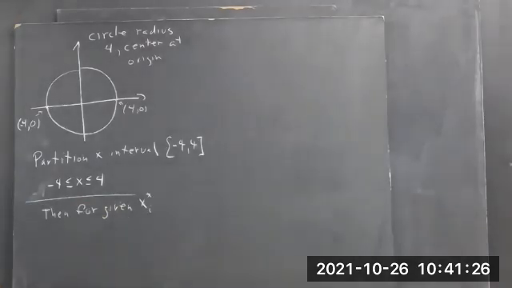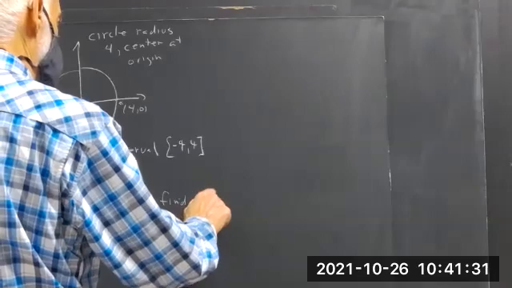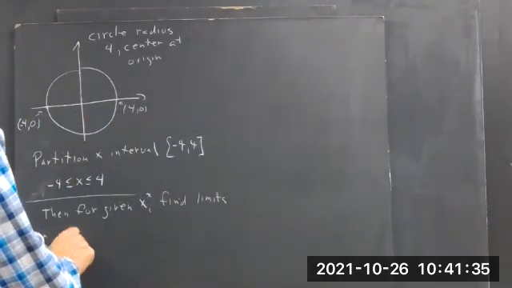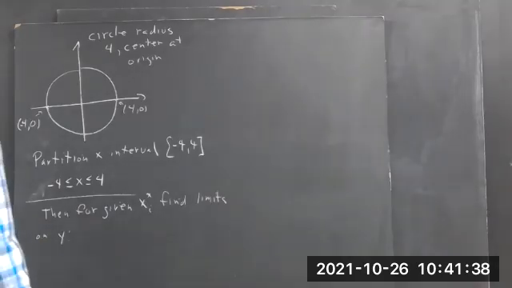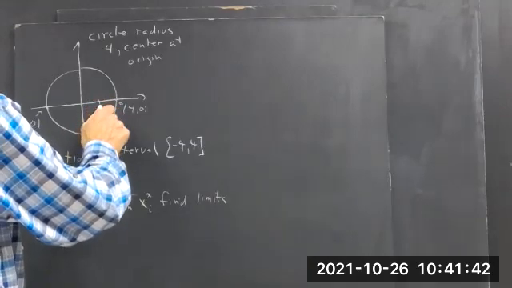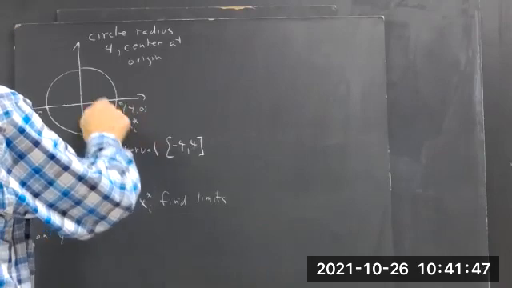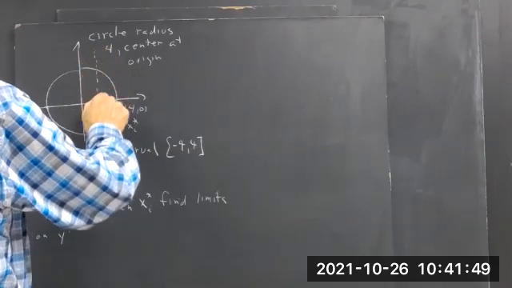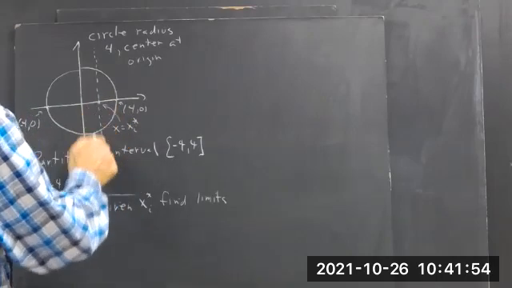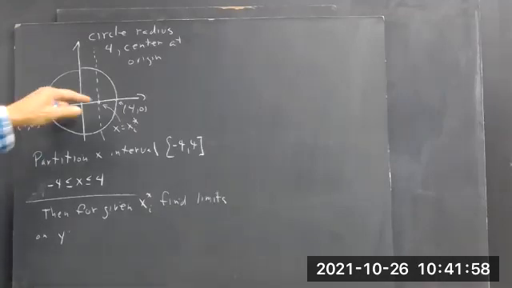Then for given xi star, we find the limits on y. Okay, well, so let's just say we have xi star here. That's going to be the case everywhere on this vertical line. If x equals xi star here, it'll be everywhere on the line. So what are the limits on y?